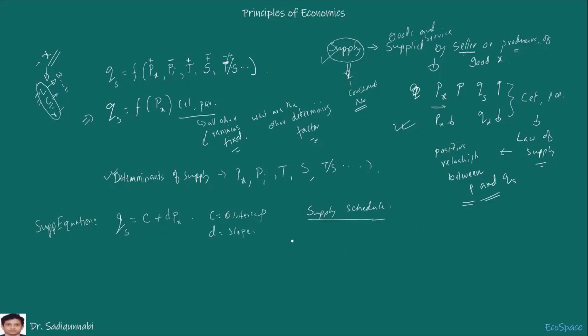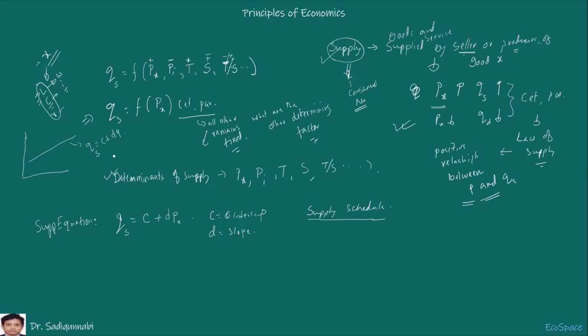Okay. So we can draw the supply curve like this. So supply curve is like this. So this is called QS equals C plus DP.